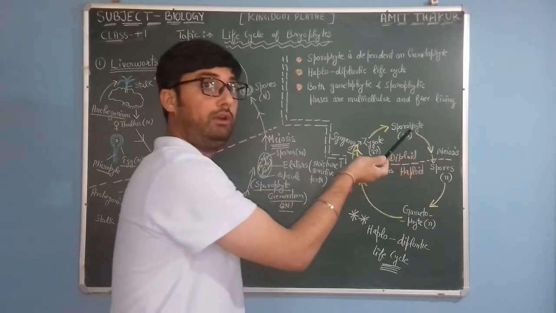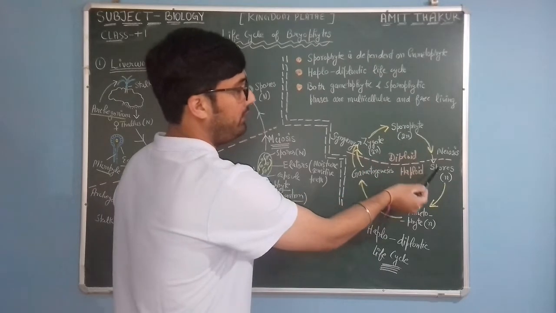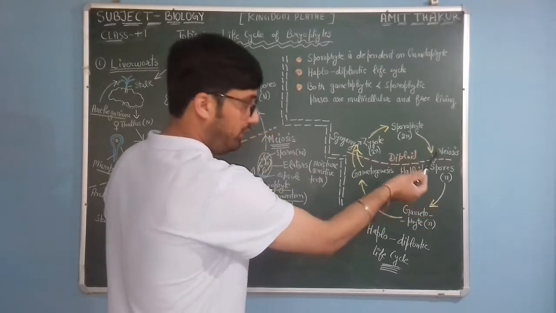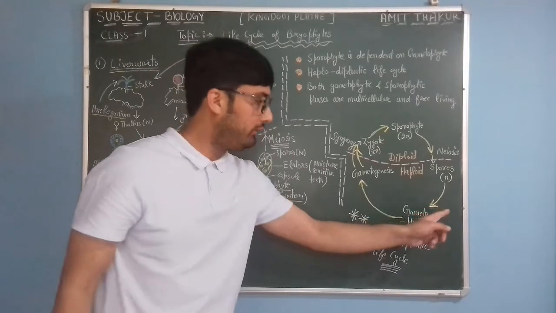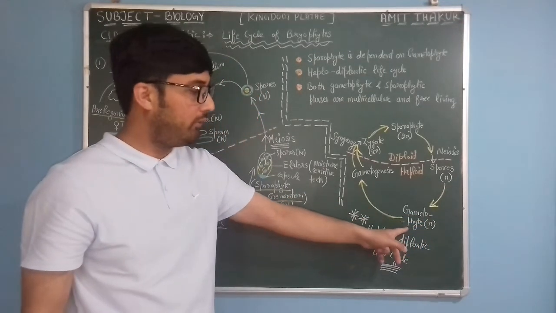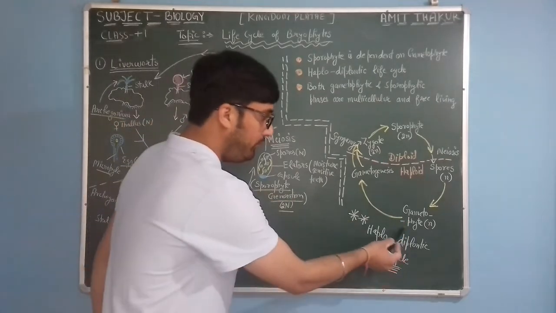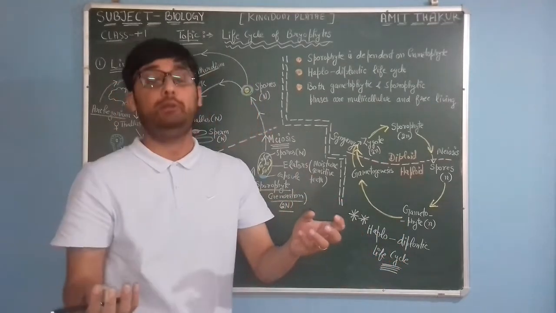When meiosis occurs, it is a reductional division, the diploid sporophyte now becomes haploid spores, and these haploid spores would be developed into haploid gametophyte.